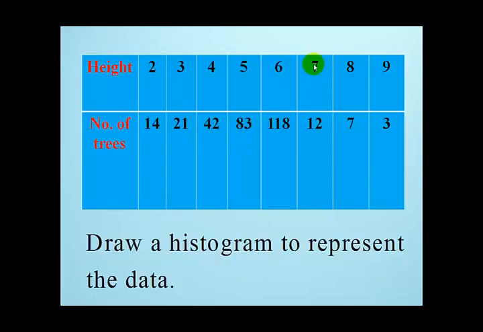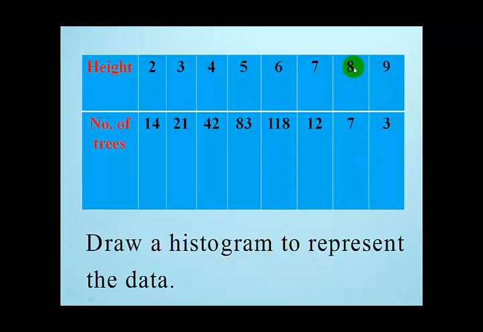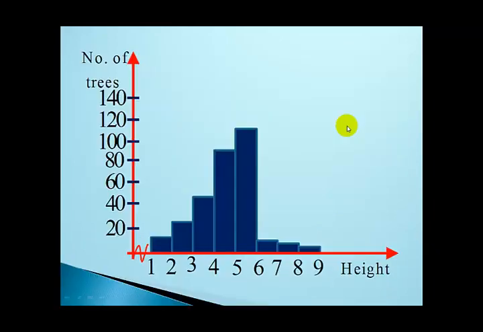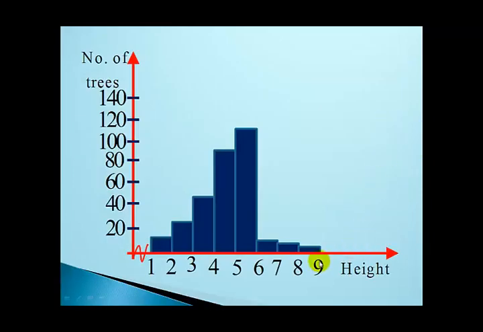7 corresponds to 12, so 7 corresponds to 12 on the frequency axis. 8 corresponds to 7, so we have 8 corresponding to 7. And 9 corresponds to 3, so we have 9 also corresponding to 3 on the frequency axis.